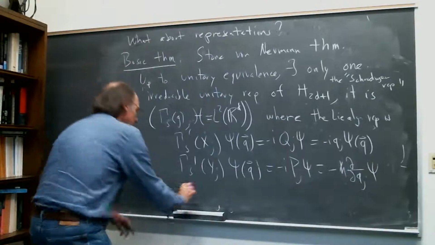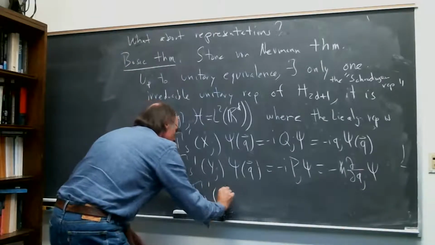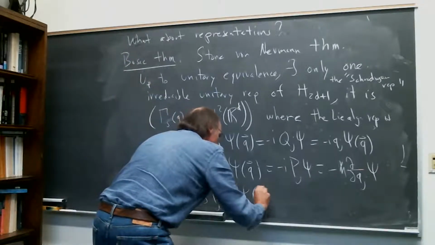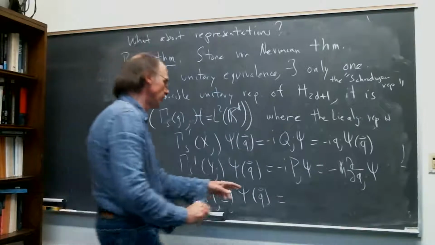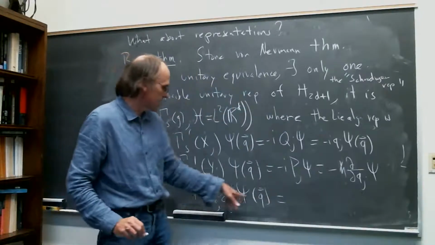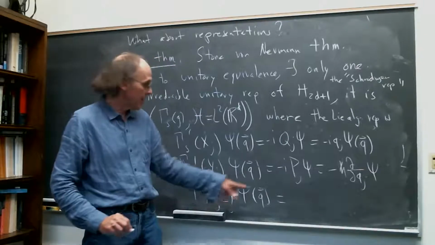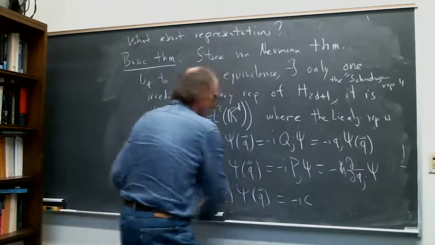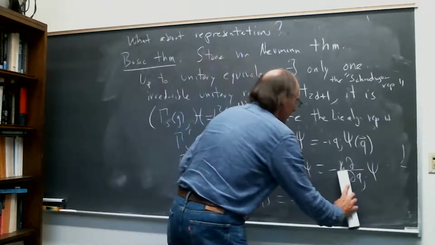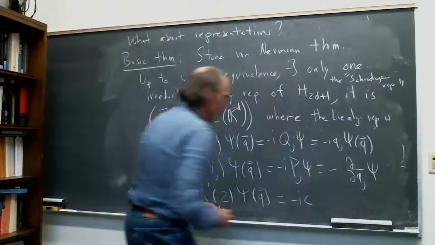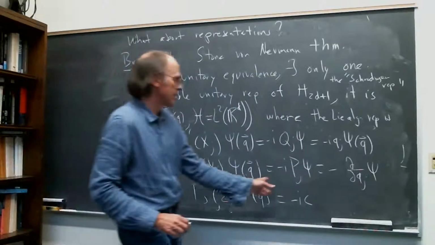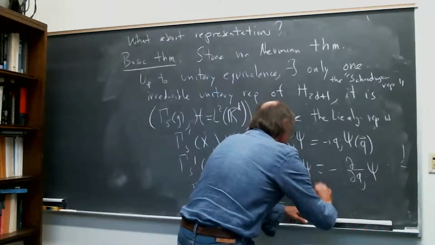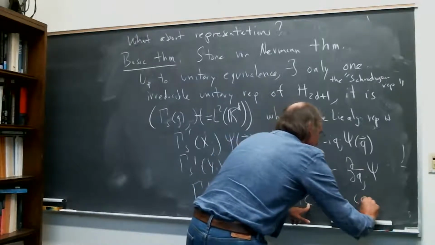And then on the central element, again, this is just going to give you the identity operator, but with a minus i. Actually, let's set h bar equal to 1 for now. Let me think of this a bit more abstractly, where c psi of q, c is some real number.